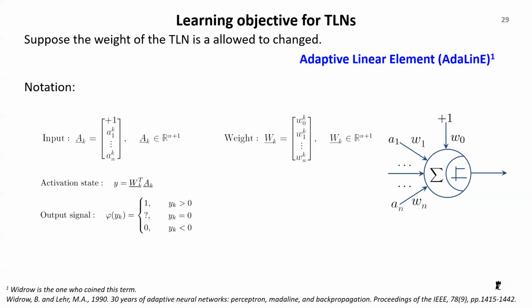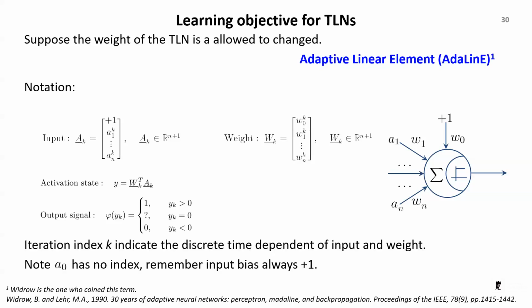Usually on the boundary, we just say no. The iteration index k indicates the discrete time dependence of the input and weight. That's the one I told you I will iterate, so k iterates over each individual point.